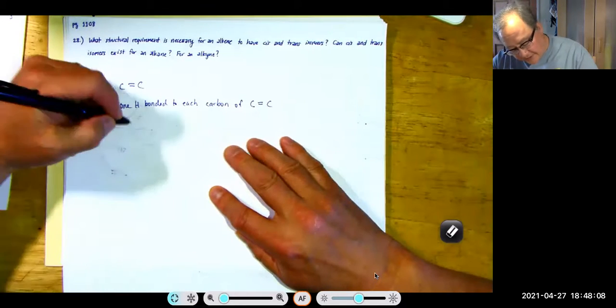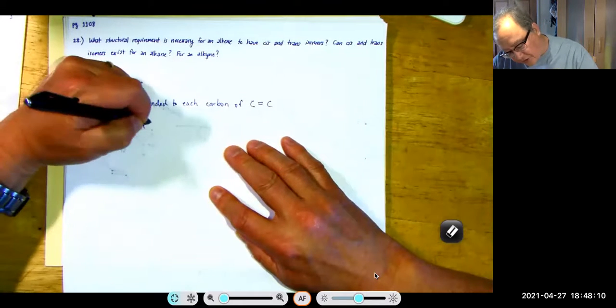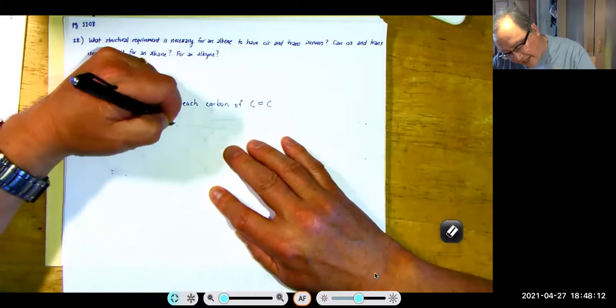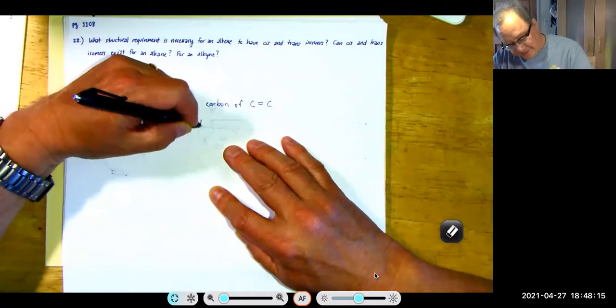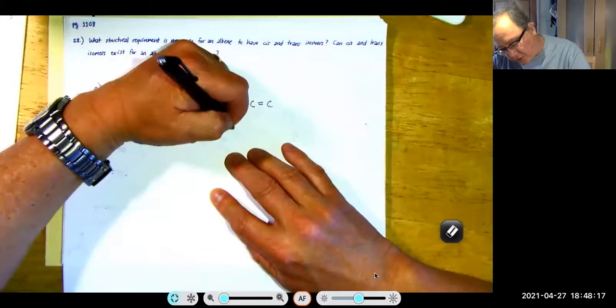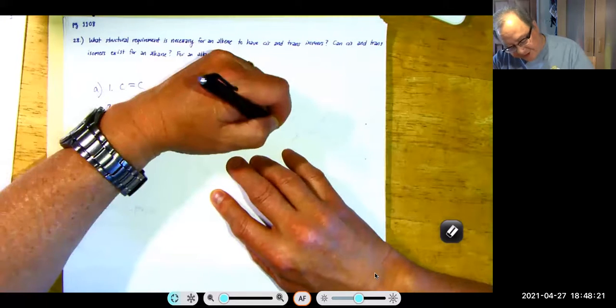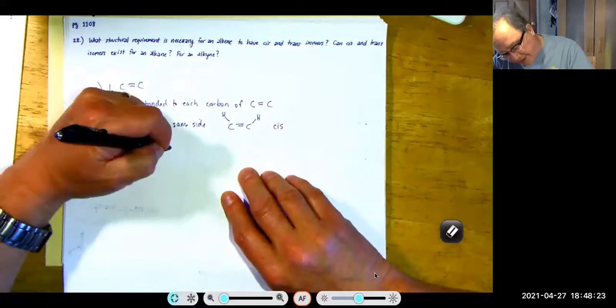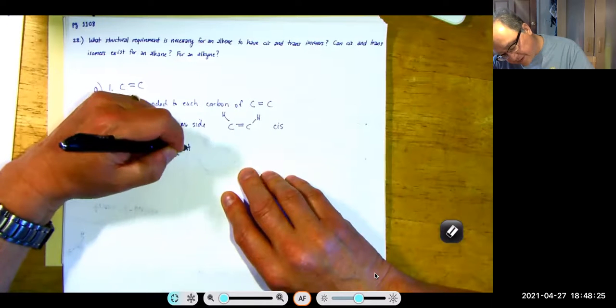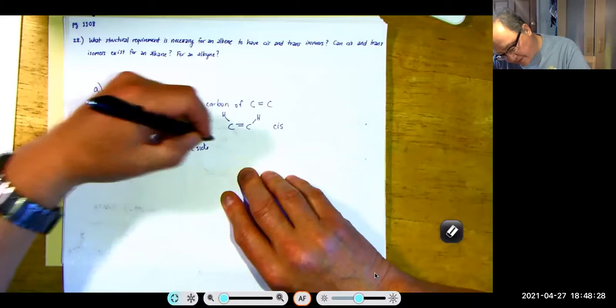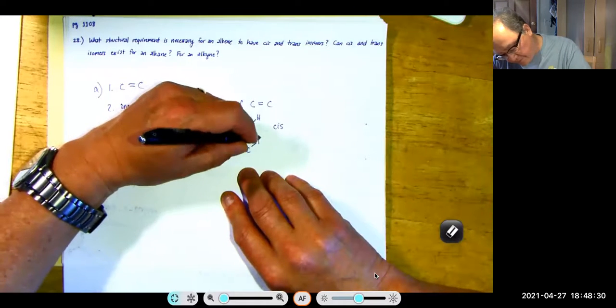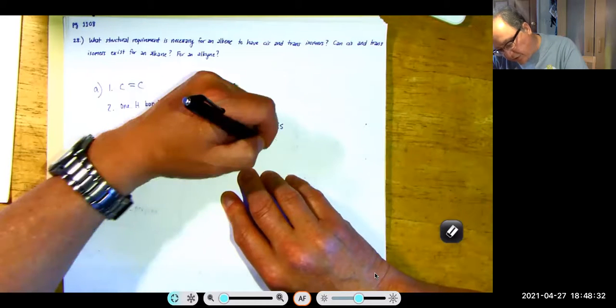And then if the hydrogens are on the same side, and we're going to show people what that looks like, that's cis. And if they're on opposite sides, they're trans.